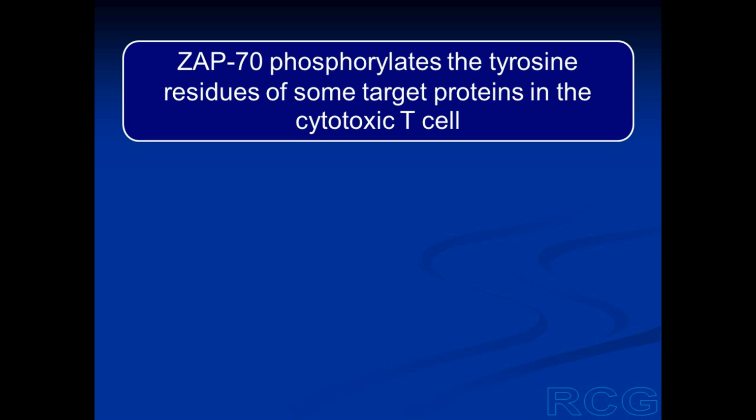Now this ZAP70 becomes active, and this ZAP70 is also a tyrosine kinase. So this active ZAP70 now phosphorylates the tyrosine residues of some target proteins which are present in the cytotoxic T cell.